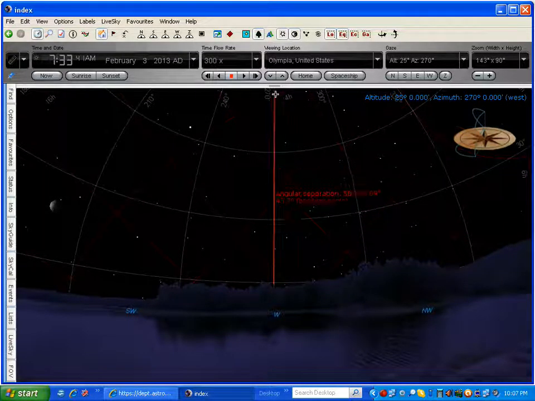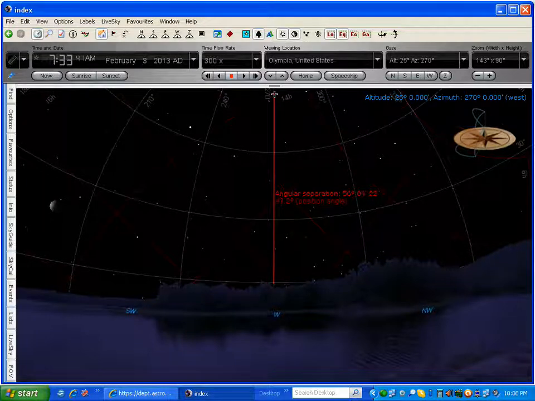It's pointing in the direction of where west is, and it's about 43.2 degrees. We're about 43 degrees. Remember that our position is 47 degrees latitude for Olympia. 47 plus 43 is 90, and so that works.